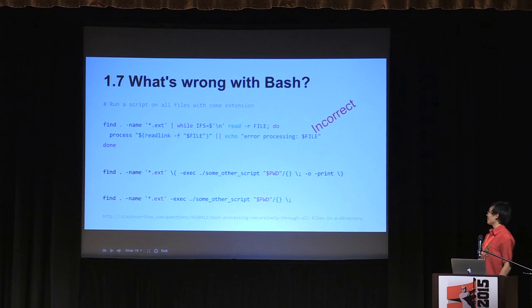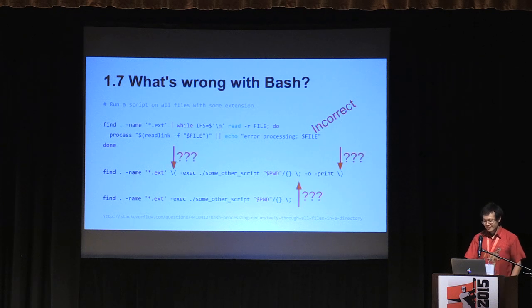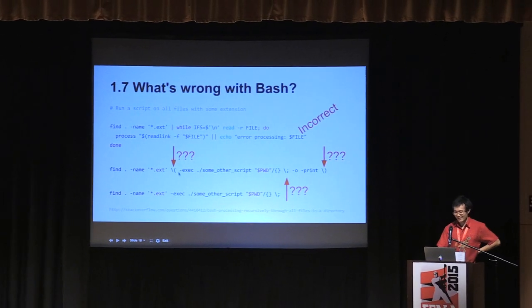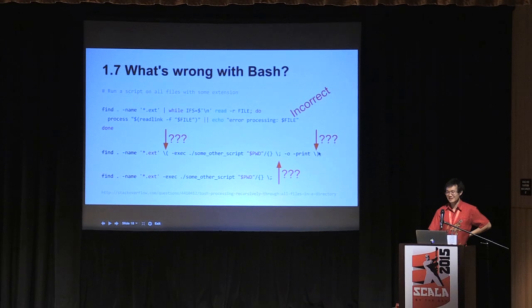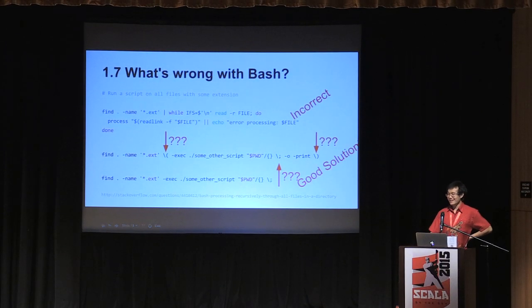The first one is wrong for subtle reasons that arise from treating paths and find output as a string, because I'm splitting on new lines, but file names can have new lines in some systems. So that's not right. The second one has a bunch of weird glyphs that I don't fully understand, but it's apparently a good solution. That's the best solution we can find on Stack Overflow.